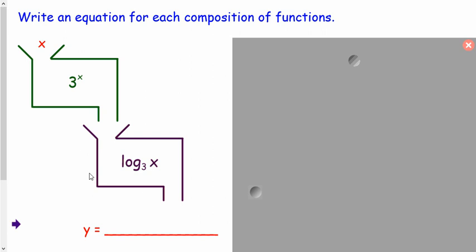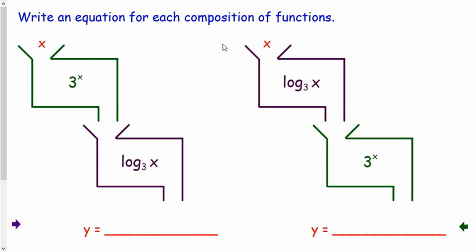So again, we've looked at function machines a little bit in the past. What would the expression look like to complete this equation? And then similarly, we're going to do this composition of functions. What would that composition look like? So pause the video at this point and then restart once you've finished these two questions.